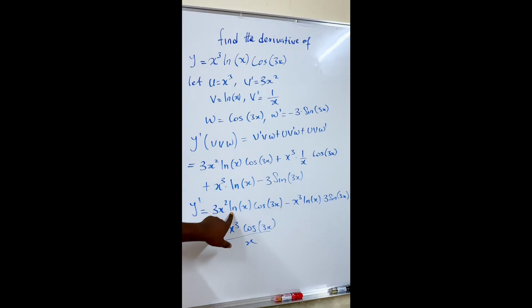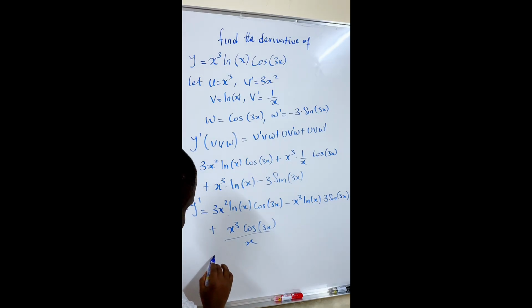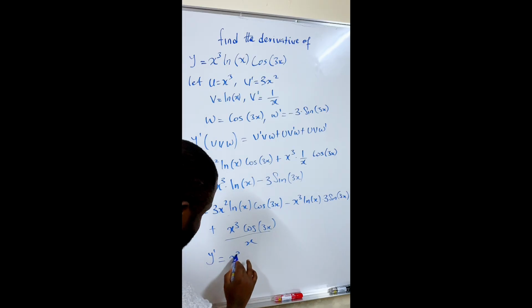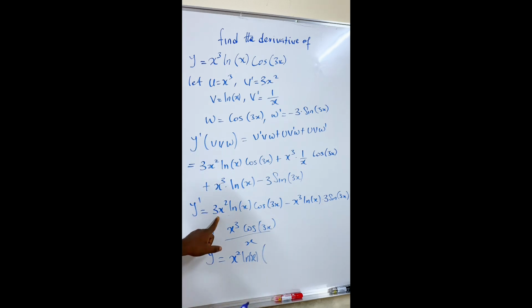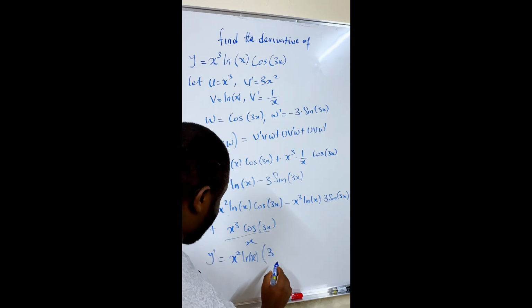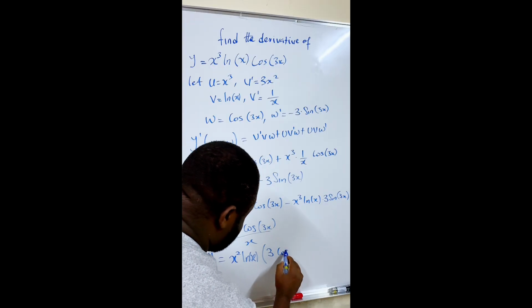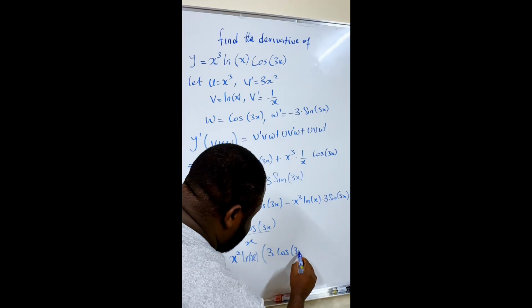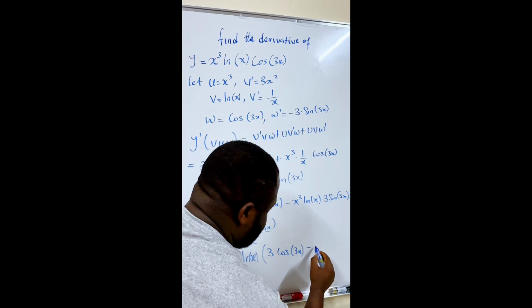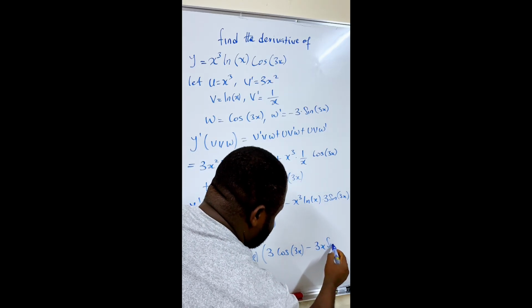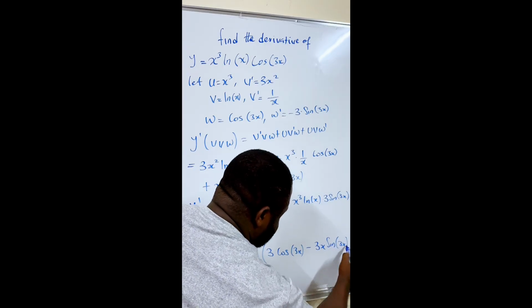So we have ln x here, we have ln x here, we have x squared here, we have x cubed here. So y prime will now be equal to x squared ln x multiplied by 3 cos 3x minus 3x sine 3x.